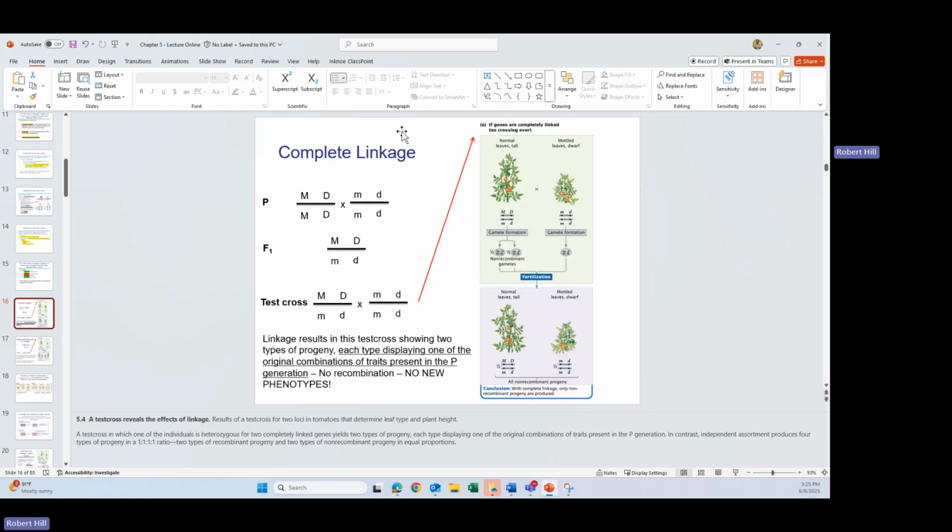Right? Let's look at this example. This exemplifies complete linkage. We've got a parent here that has normal leaves and is tall. Obviously, we know he has normal leaves and is tall, so he could either be homozygous dominant or he could be heterozygous.